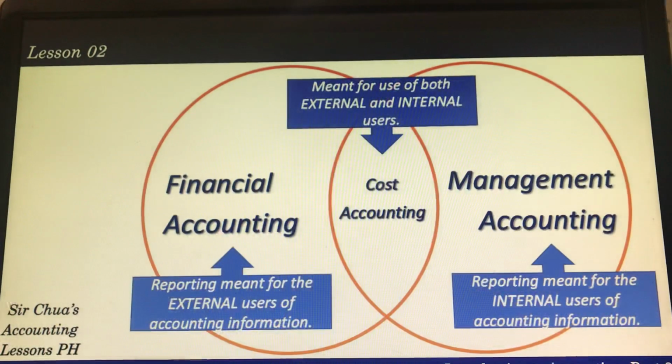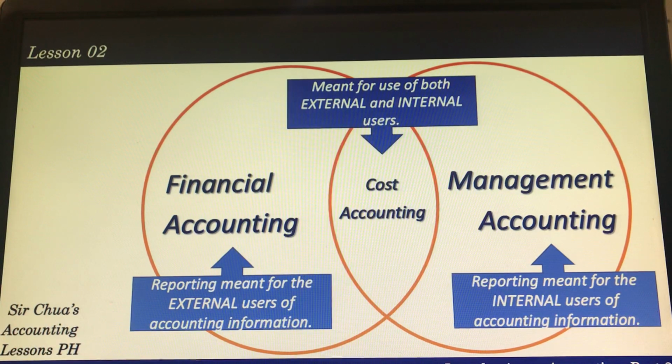And also, we have discussed the three main branches of accounting. We have financial accounting on the left side, we also have management accounting on the right side, and the overlap between financial accounting and management accounting is cost accounting.